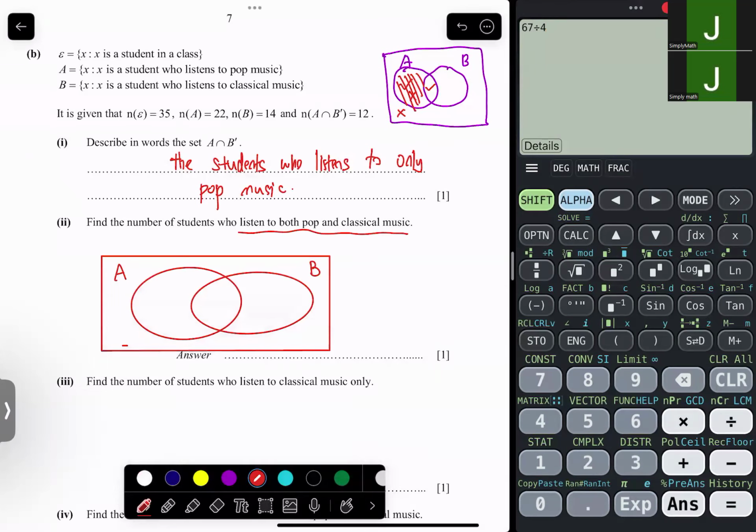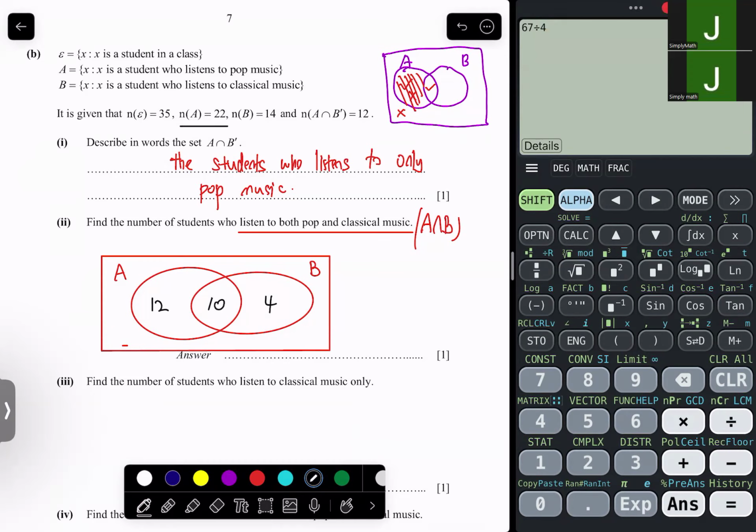Listens to both, meaning we are looking for the intersection, A intersect B. Here we already know that this is 12, and n(A) equals 22, which gives us the answer. This must be 10. And n(B) equals 14, which makes this portion 4.